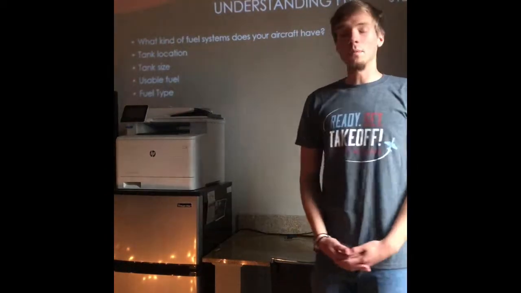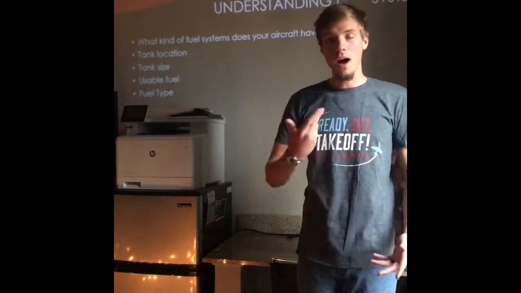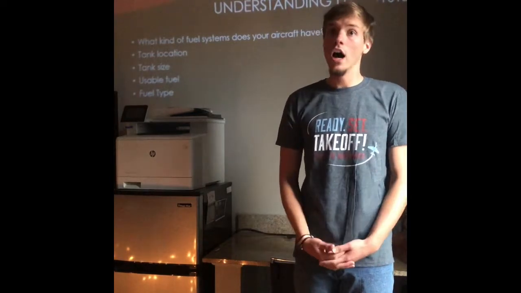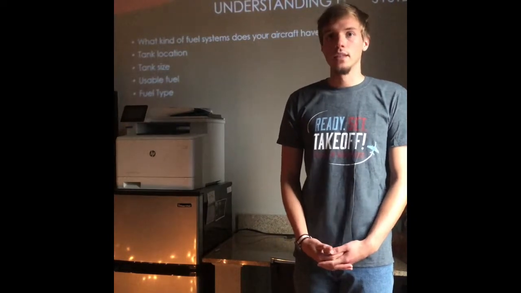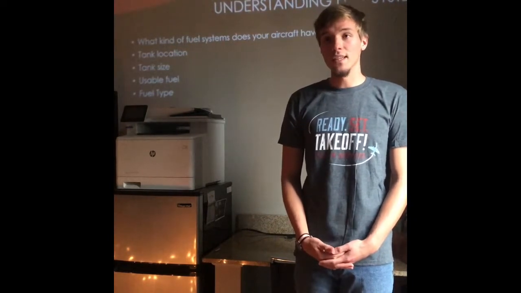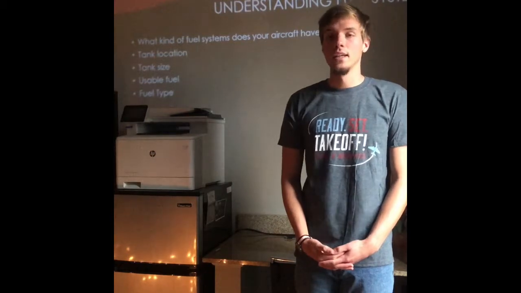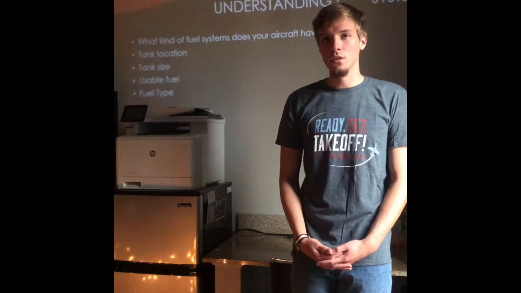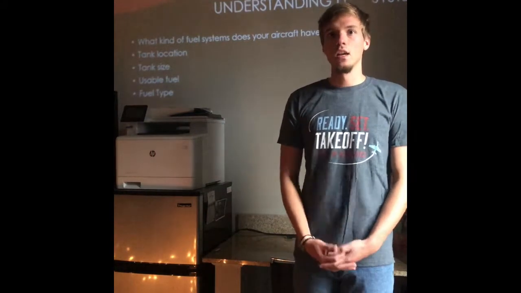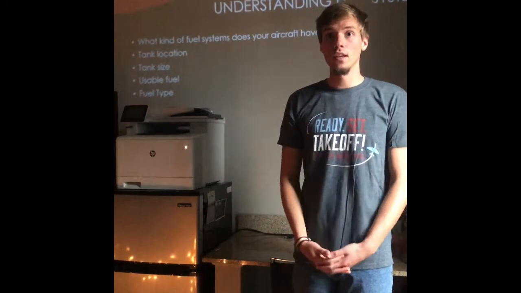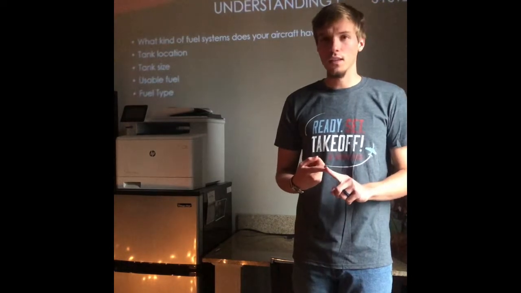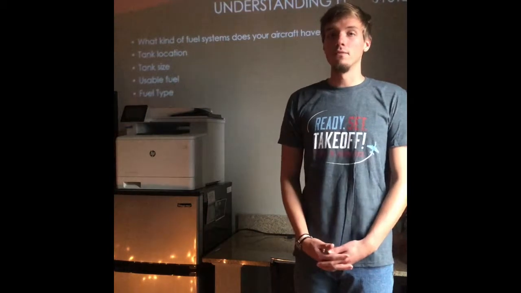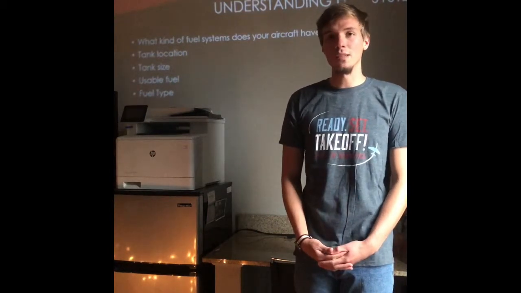Now we'll talk about fuel types. For a Cessna 172 SP, my aircraft, it takes 100 fuel or 100 low lead fuel. 100 low lead fuel is blue and 100 fuel is green. Now, when going around the aircraft, you will be able to check these via sump ports underneath the cowling, 3 ports underneath the cowling for this aircraft, and 5 under each wing of the Cessna 172 SP.